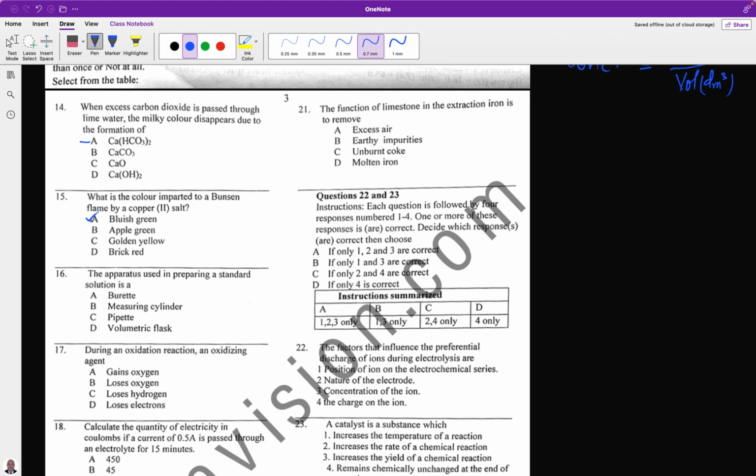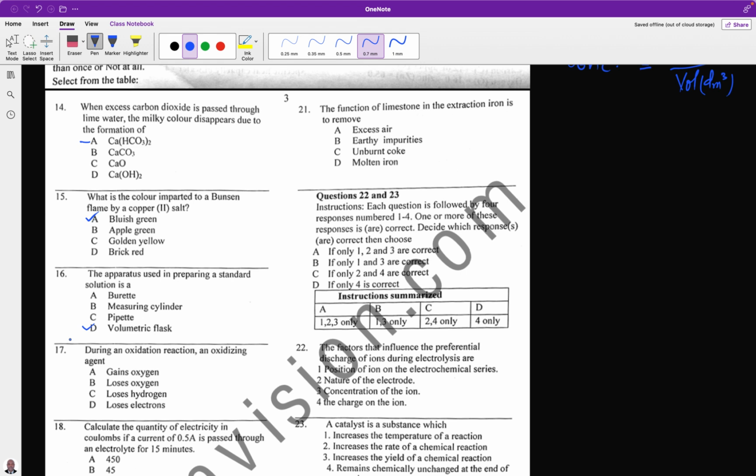Of course, the volumetric flask is the apparatus used for the preparation of a standard solution. It is labeled 1000 ml or 1000 cubic centimeters. So D is the right answer.